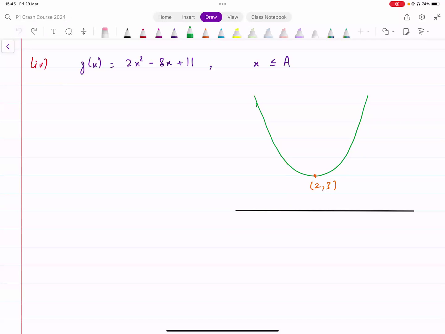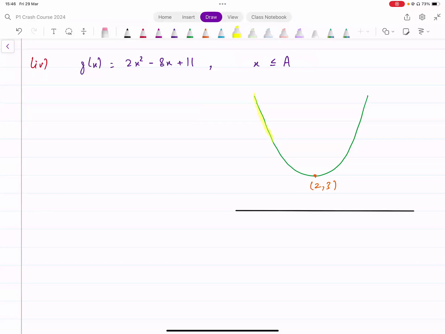Now, what we are looking for is the largest possible value of a for which this function would remain a one-to-one function. And it says x less than or equal to a. That means some part on the left of the function is valid. So we can consider the part to the left side of the turning point and see, okay, does it remain a one-to-one function or not?